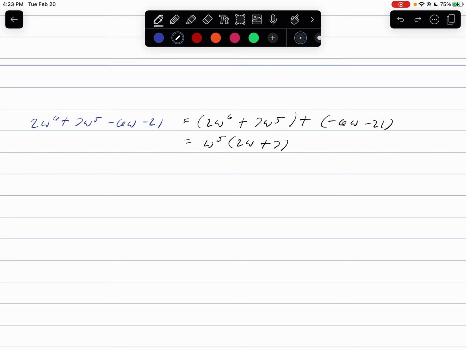If we were to pull out a negative 3, okay, let's try that. If we're dividing out a negative 3, we are going to end up with positive 2w and then positive 7. So we get 2w plus 7 and 2w plus 7. So then we can undo our distribution here, and we end up with w to the 5th minus 3 times 2w plus 7.